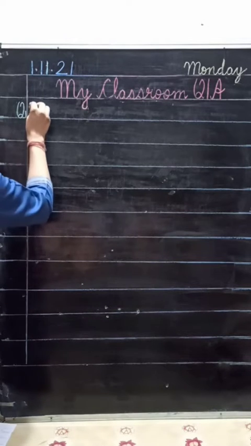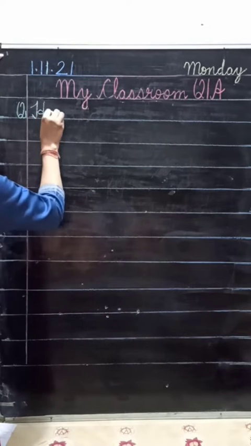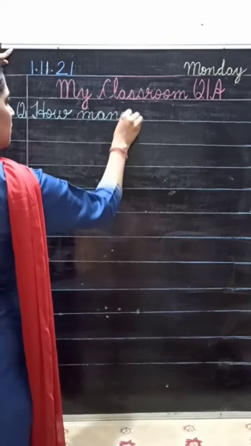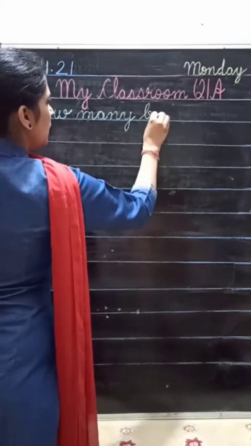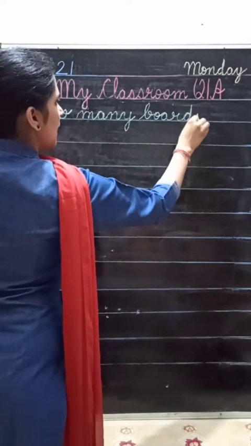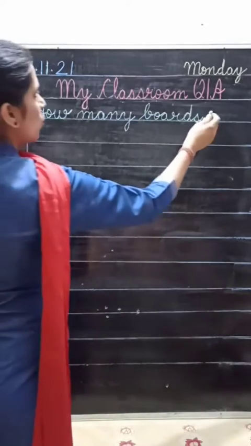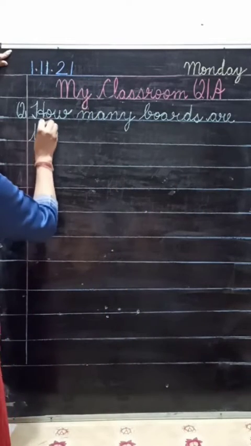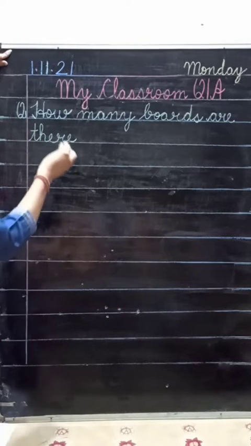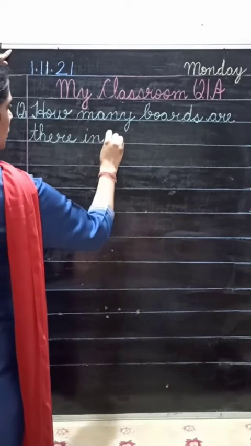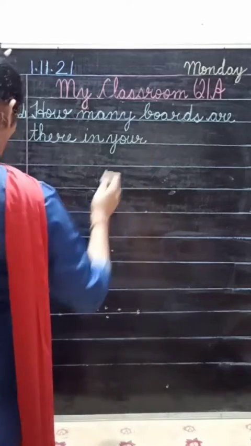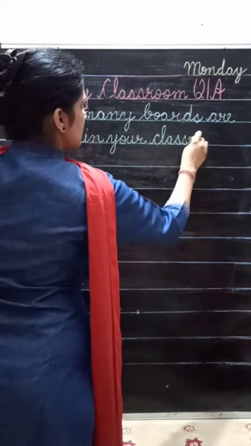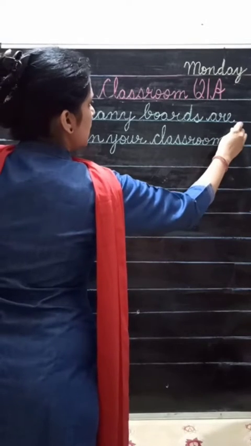Write down beta, how many boards are there in your classroom. H-O-W, how, many, M-A-N-Y, many, boards, B-O-A-R-D-S, boards, are, there, T-H-E-R-E, in, your, Y-O-U-R, classroom, C-L-A-S-S-R-O-O-M, classroom.